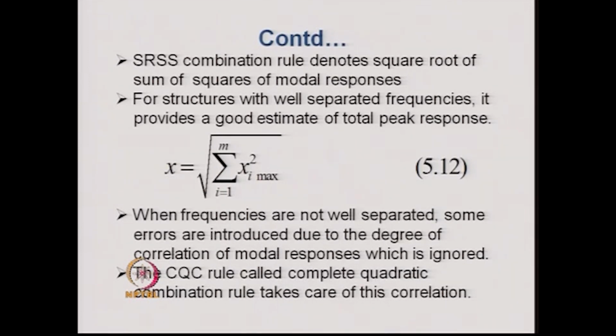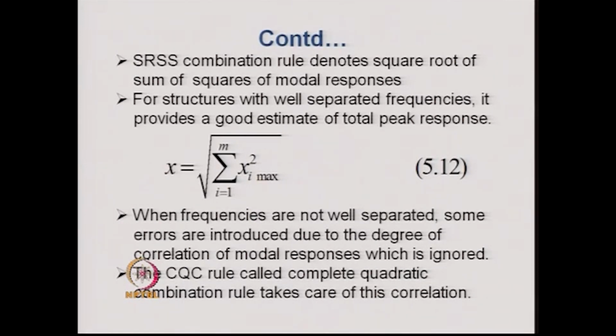Now, if you want to combine n independent random variables, the best way to combine them is to take the square of those values, add them together, and take the square root.